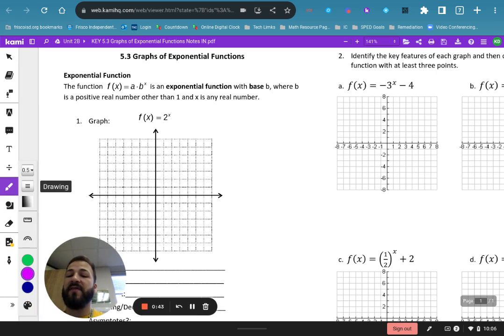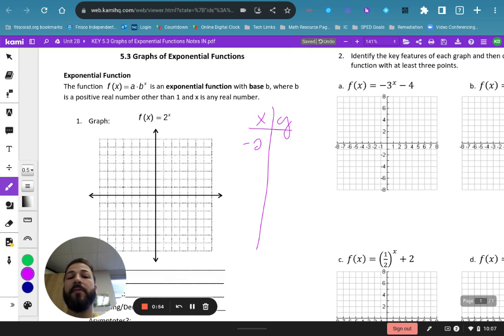And to help us graph today, we're going to make a little bit of an x by y table. Okay, and let's just do a couple of easy points. So -2, -1, 0, 1, and 2 to make it pretty straightforward for us.